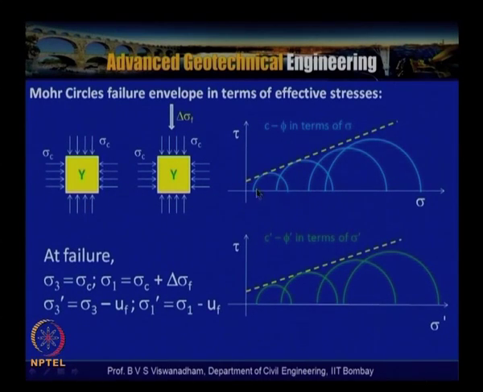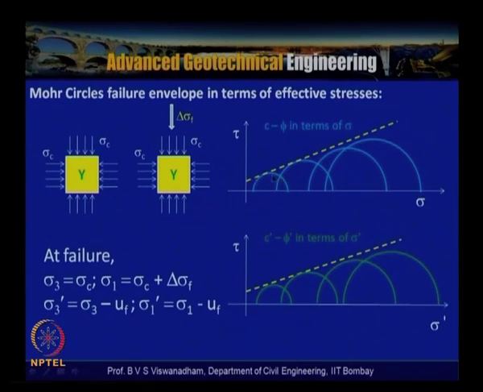So we have to do it at different combinations in order to build up this Mohr-Coulomb failure envelope, either in total stress or in effective stress conditions. What we need to do is sigma 3 1, sigma 1 1, then sigma 3 2 and sigma 1 2, then sigma 3 3 and sigma 1 3, and the fourth combination, sigma 3 4 and sigma 1 4.